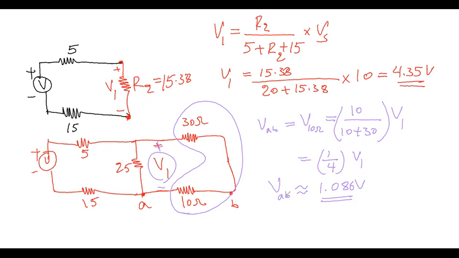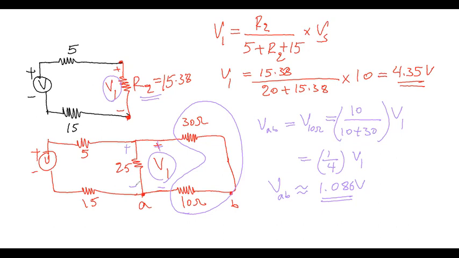So we used a voltage division rule to determine that. We followed step by step. First we simplify the entire network and solve for R2, and then we determine the voltage across R2. That voltage is the same as the voltage across the 25 ohm resistor, and also the combination of the 30 and the 10 ohm resistor.